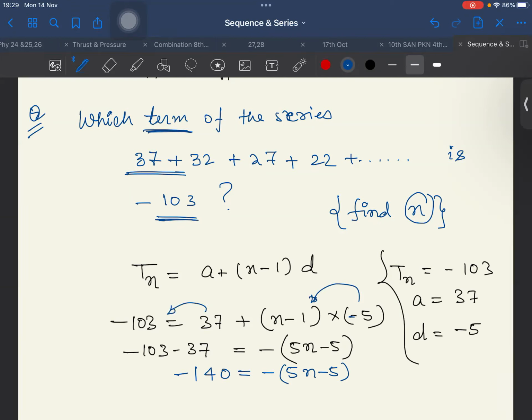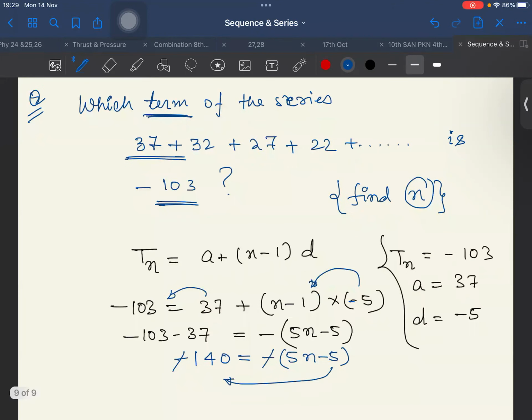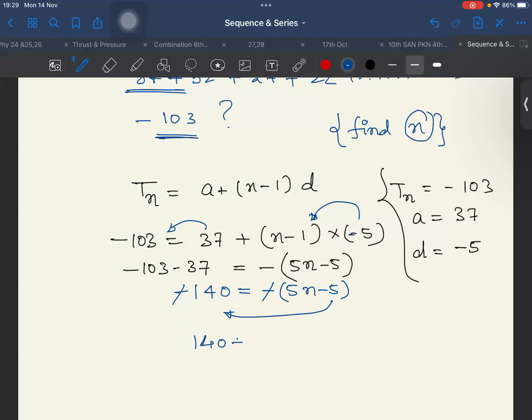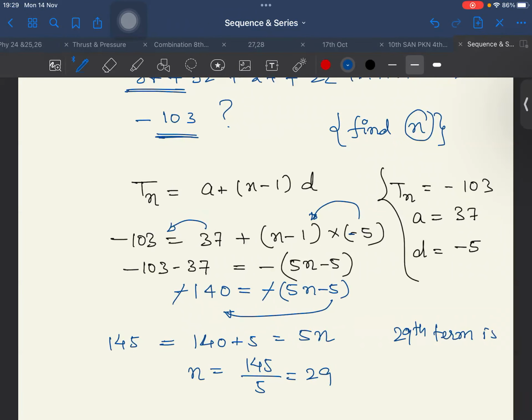So minus will get cancelled out. Then if you take 5 this side, it becomes 140 plus 5 is equal to 5n. So 140 plus 5 is 145, so n will be equal to 145 upon 5. How much is that? 29. So the 29th term, or you can write, T29 is equal to minus 103.